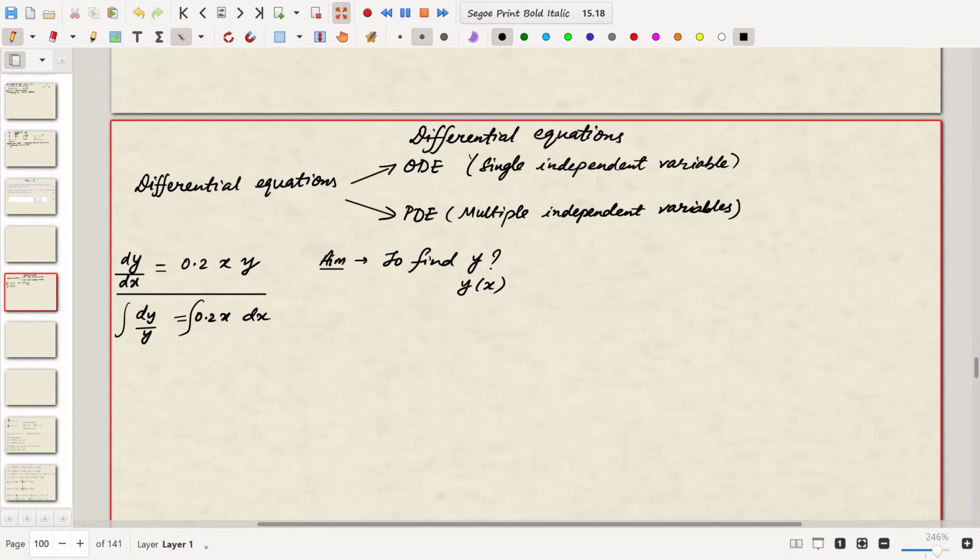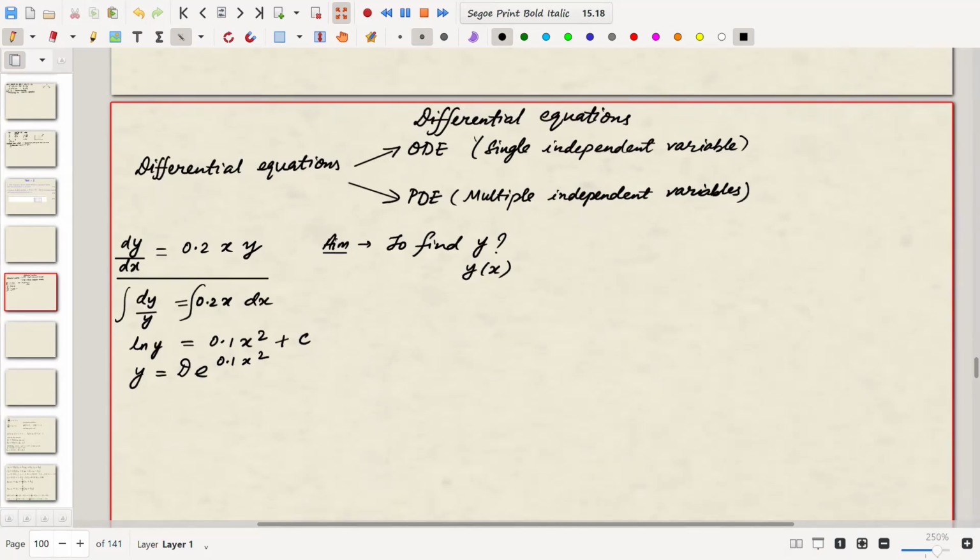You can easily visualize that y is an exponential function. Ln y equals 0.1 x square plus the constant of integration. So y equals e to the power 0.1 x square times e to the power c. e to the power c is another constant; let me write it as d.